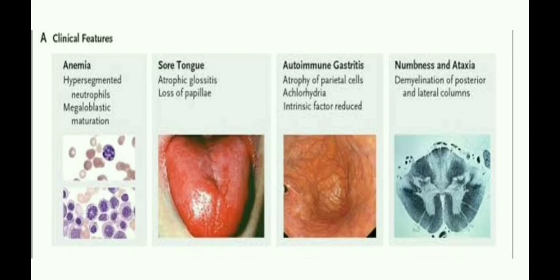Now it can also cause chronic atrophic gastritis, in which there is atrophy of the glands. Sometimes it can even cause intestinal metaplasia. So now we have seen that megaloblastic anemia is caused by the deficiency of vitamin B12 and folic acid.